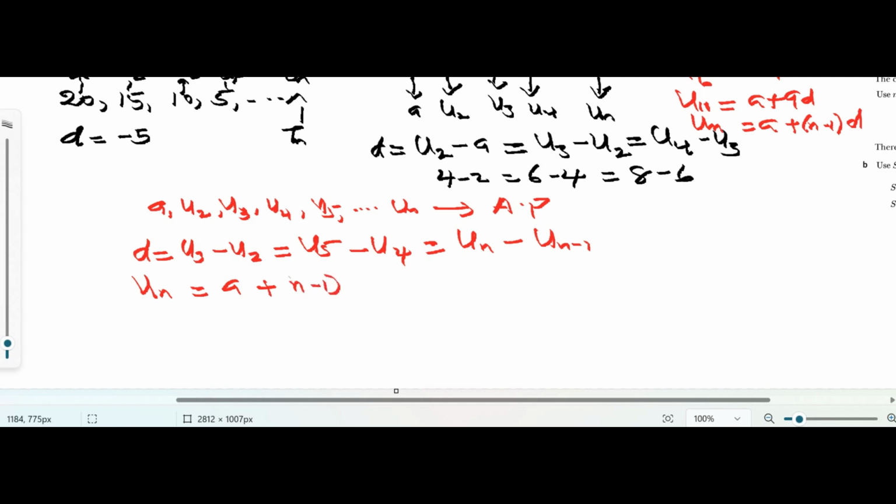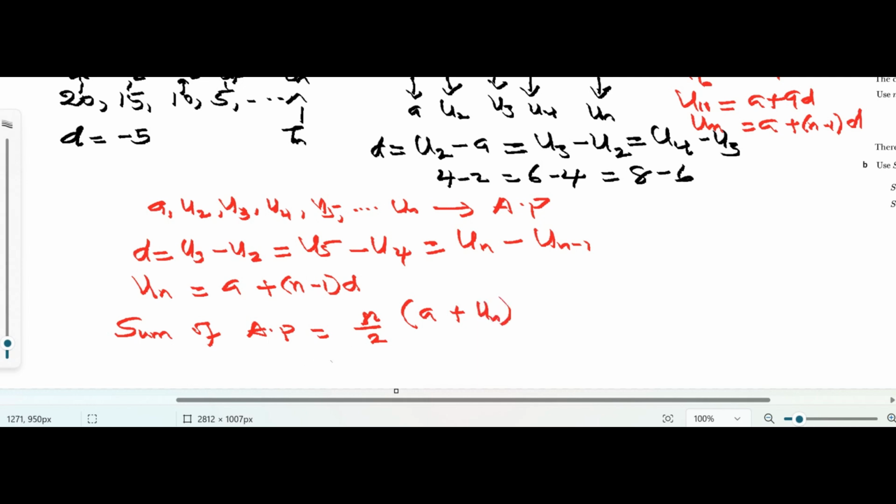Now, you may also be asked to calculate the sum. The formula for the sum of an arithmetic progression, AP, when you know the first term and the last term, will be n over 2 open bracket the first term plus the last term.